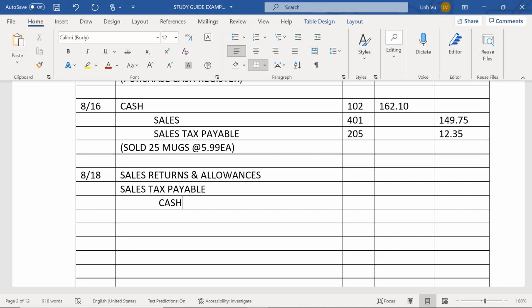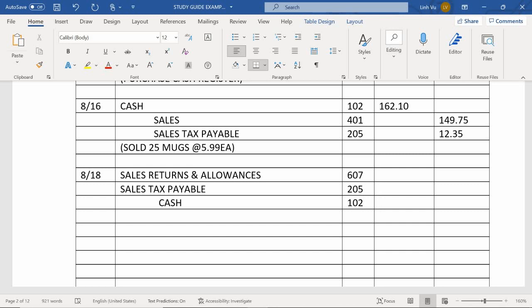It's really simple. So the first one is 607, the account, 205 is the sales tax, and cash 102.